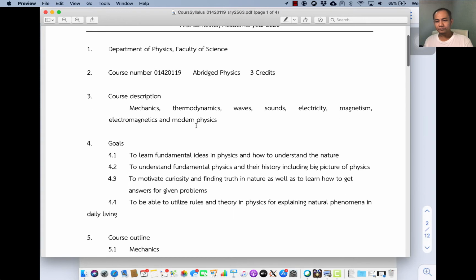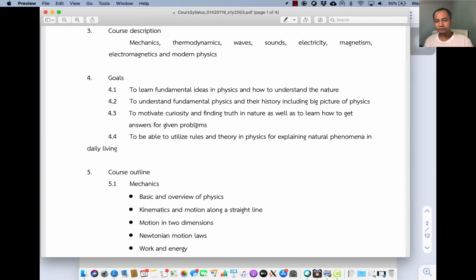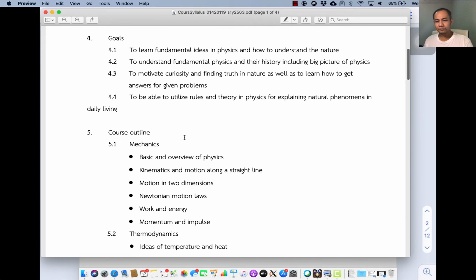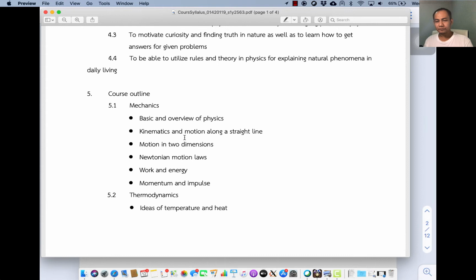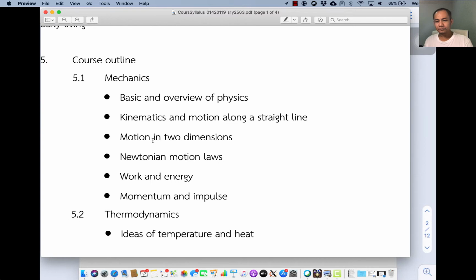For the first part we will try to understand the fundamental ideas of physics, focusing on mechanics: kinematics and motion along a straight line, motion in 2 dimensions, Newton's laws of motion, work and energy, momentum and impulse.